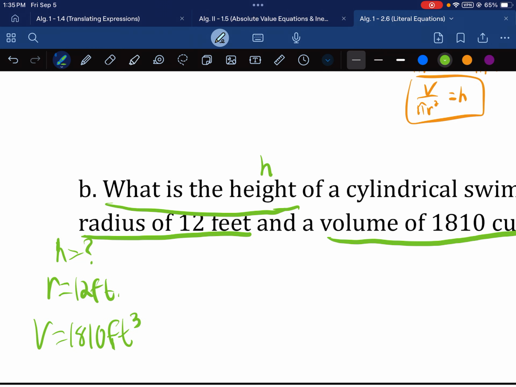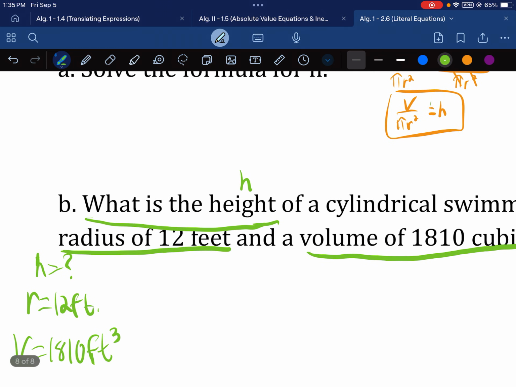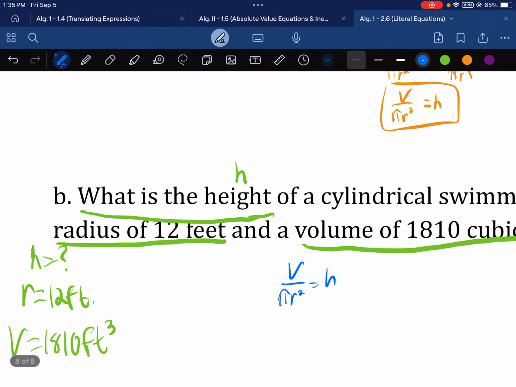Now we have h, r, and V assigned, where h we don't know, and we can plug them in up here. We don't need to know the value of pi because we are just going to use the approximate of 3.14 when we get into the computation. So V over pi r squared equals h.